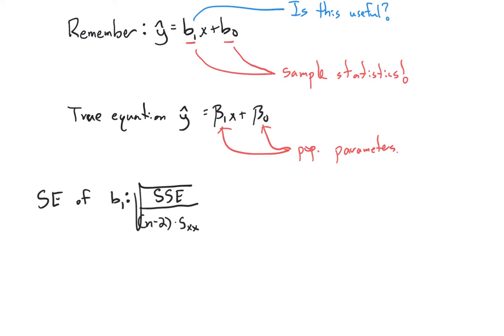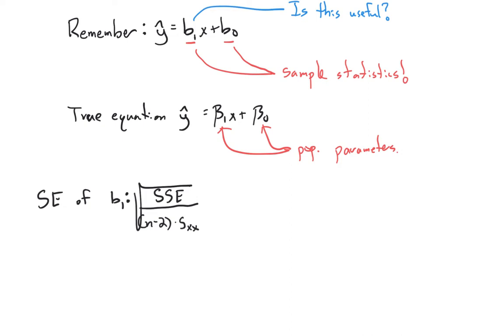So it turns out that there's a notion of the standard error of our slope as well. Same idea. If you calculated a bunch of regression lines and looked at the standard deviation of those slopes, well, it would give you this formula here, the square root of the sum of squared errors divided by n minus 2 times sxx.